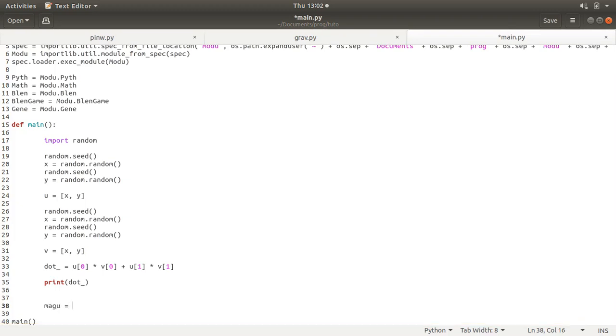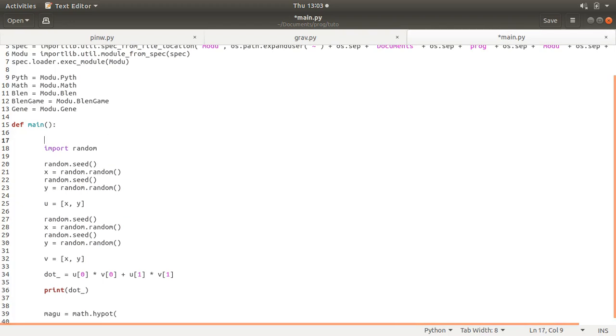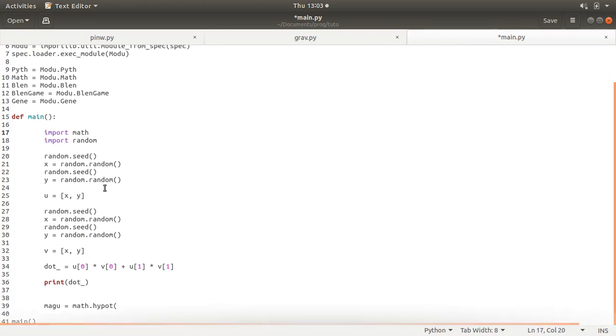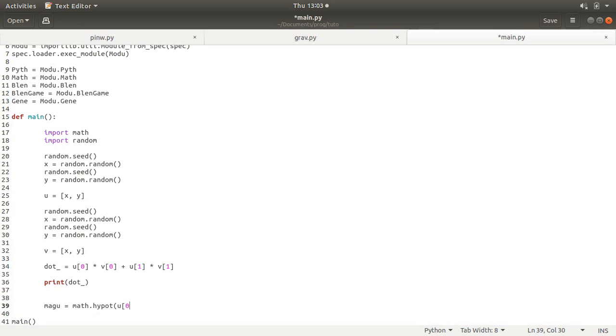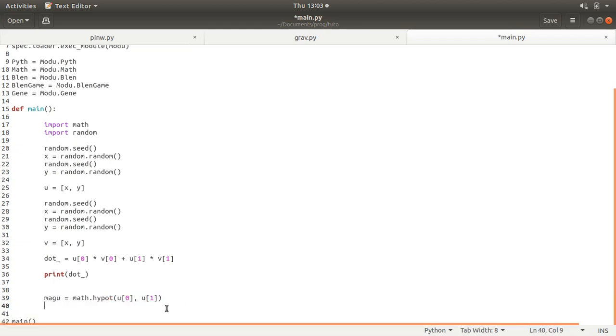And I'll just use the math hypotenuse function for that. And that works for vectors in 2 dimensions. So you just pass an x and a y, and you'll get back the total magnitude. Do the same thing to get the v. And that's pretty straightforward.